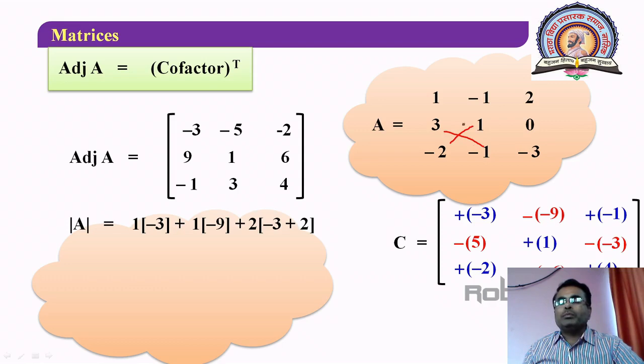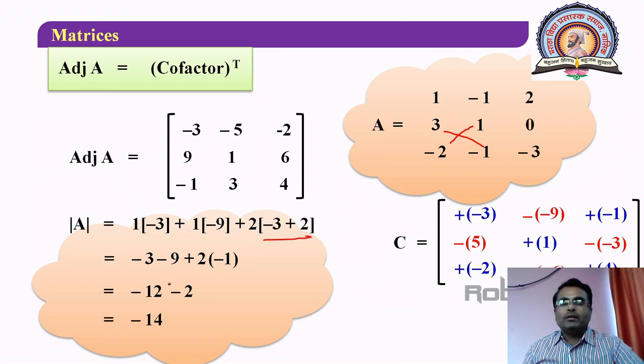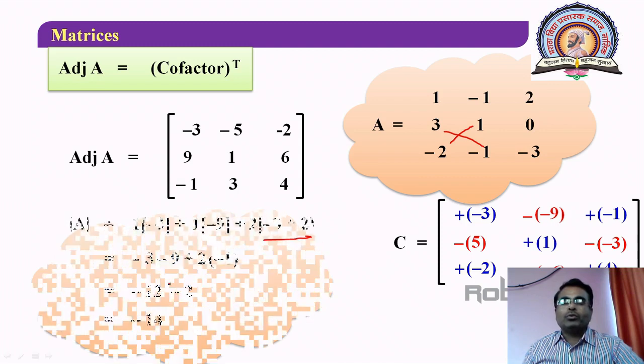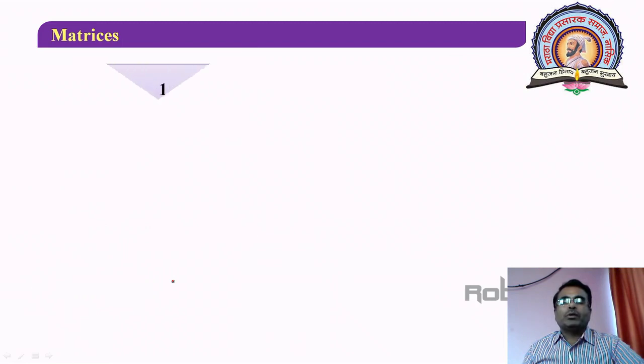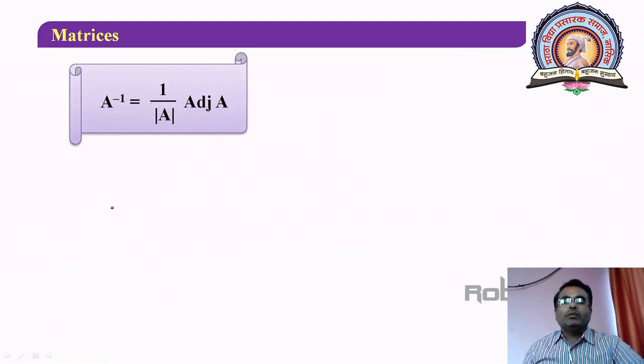So, minus 3 plus 2 is coming here, and therefore, you will observe that it is minus 3, minus 9 and 2 into minus 1, and therefore, it is minus 12 minus 2, that is minus 14, that is your determinant. Therefore, determinant of A is equal to minus 14, and hence the required inverse of a matrix is obtained by using the formula A inverse is equal to 1 upon determinant A into adjoint.